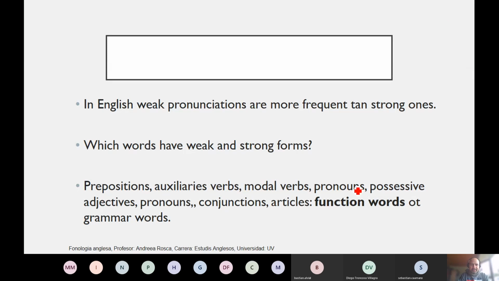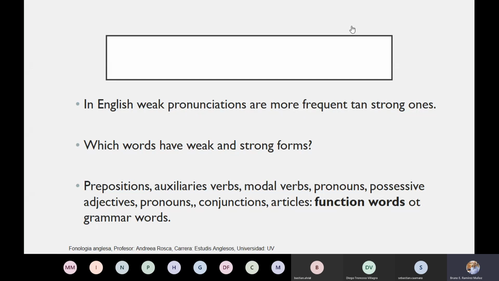Let's take a look at some of this information. Here, Maite, do you mind reading this slide, please? How about Hector?